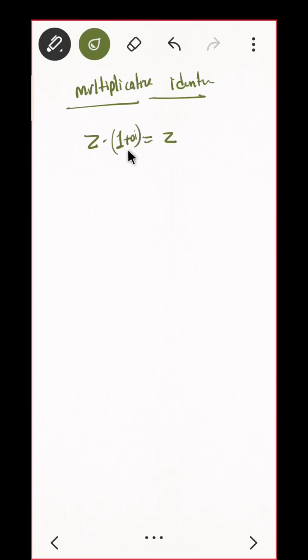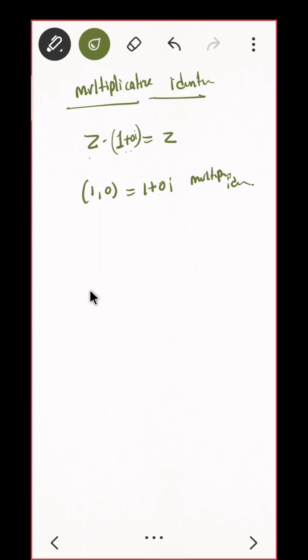Since you are doing it in complex numbers, you can always write z into 1 is equal to z, but it is better to write z into 1 plus 0 i, that will give me z. So what is the multiplicative identity? You can write it as 1 comma 0, and that is same as 1 plus 0 i, and that is same as 1. That is your multiplicative identity, correct?